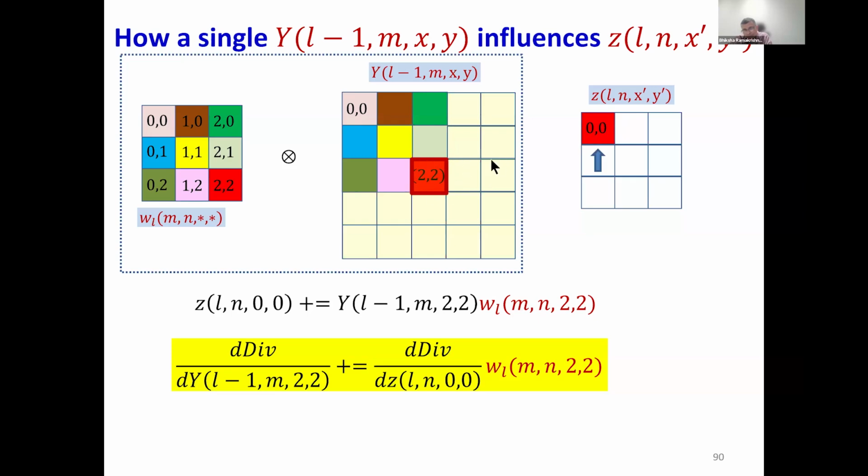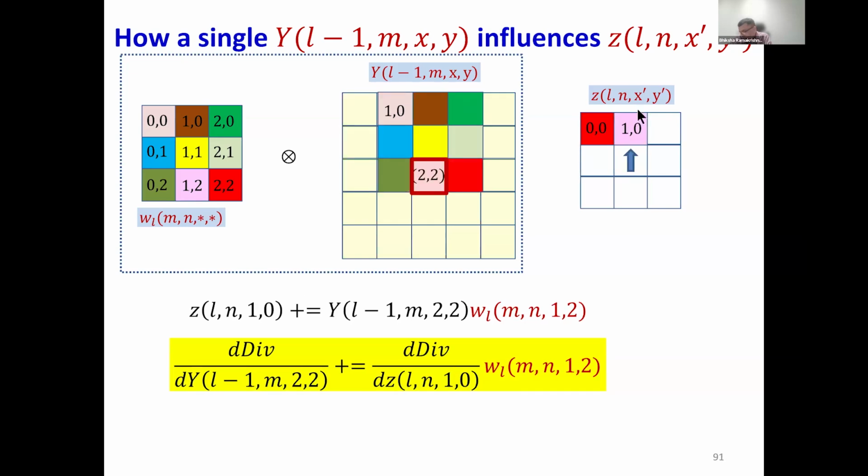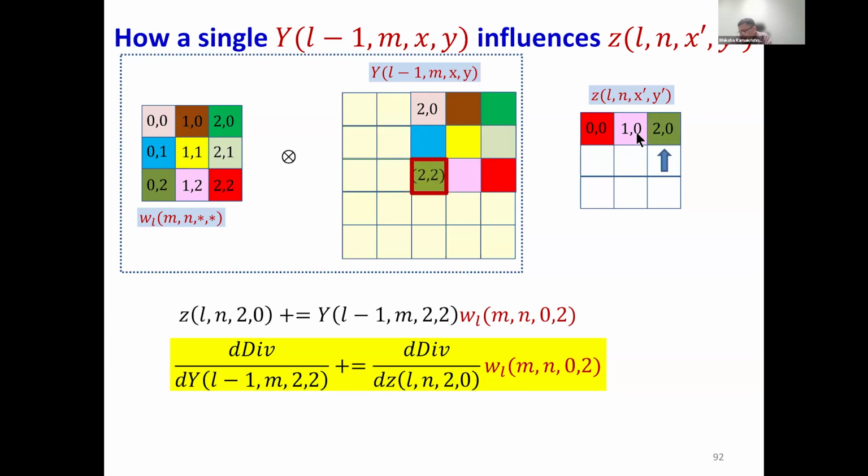For just the y22 element, I'm painting the 00 element with the red to show that it was the red filter element that was used to compute it. Is this making sense to you? Okay. What about the rest of you guys? Okay. And so when I go forward, y22 multiplied this element of the filter. So for the 10 element, the pink element of the filter was applied, and so on.